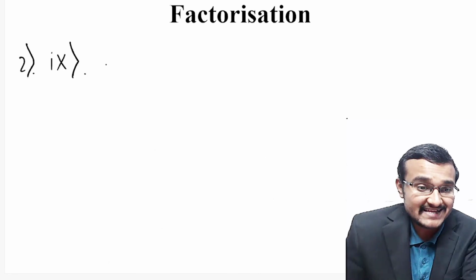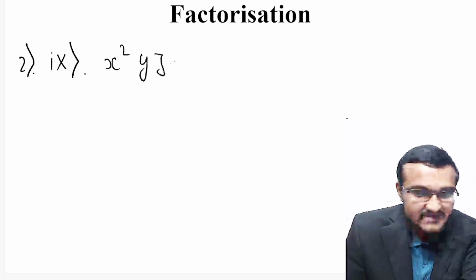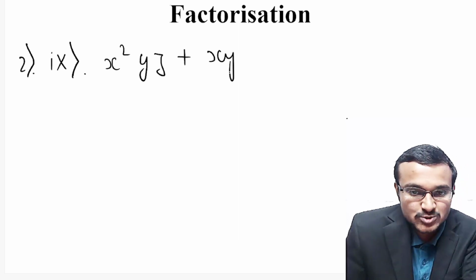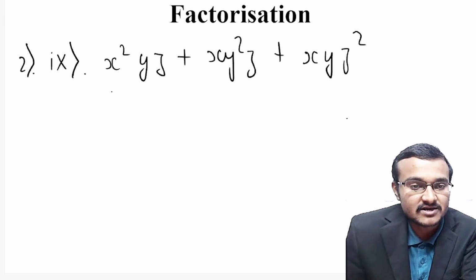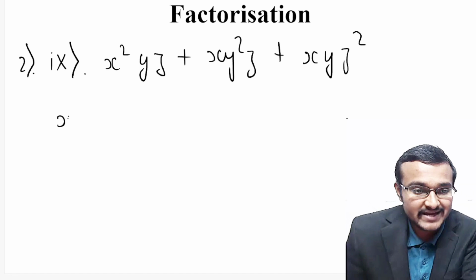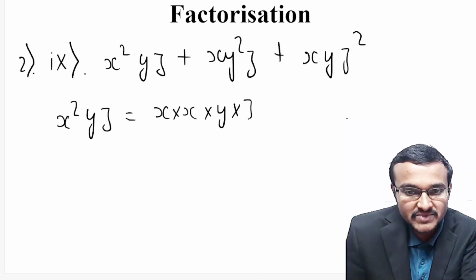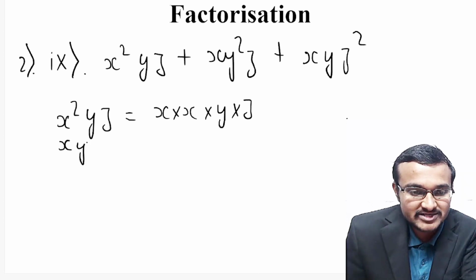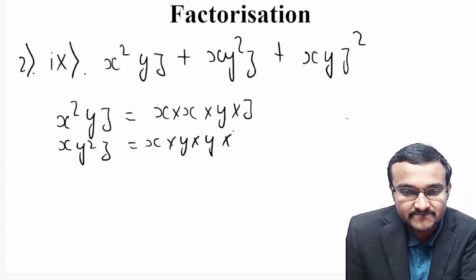So coming to the 9th question in this particular second question, there they have given x square yz plus xy square z plus xyz square. Now you should actually find out the factors of this particular algebraic expression. So x square yz can be written as x into x into y into z. Similarly, xy square z can be written as x into y into y into z.